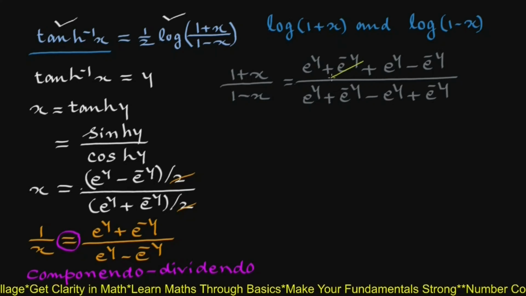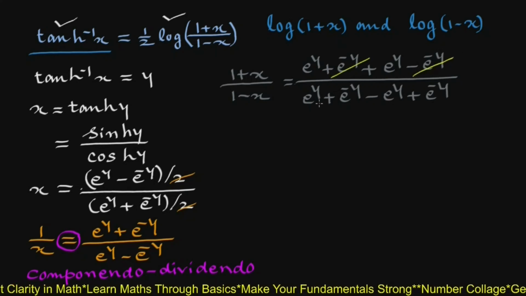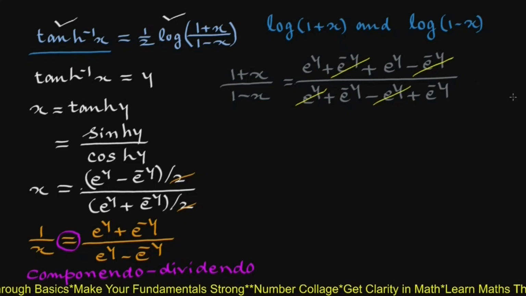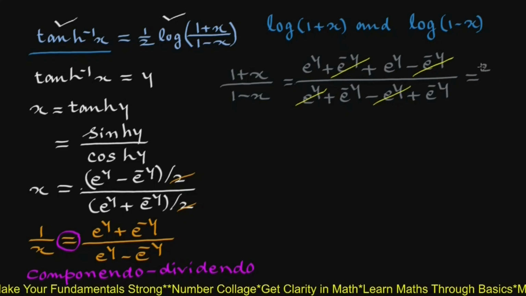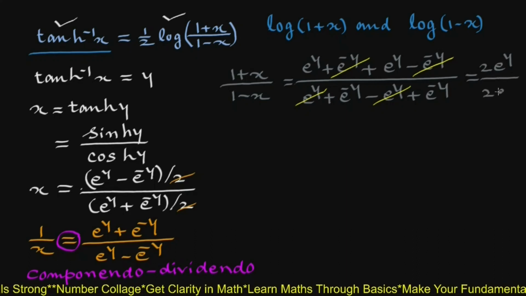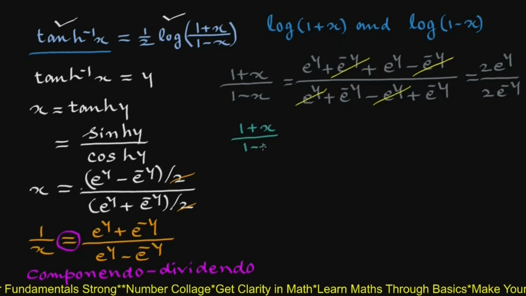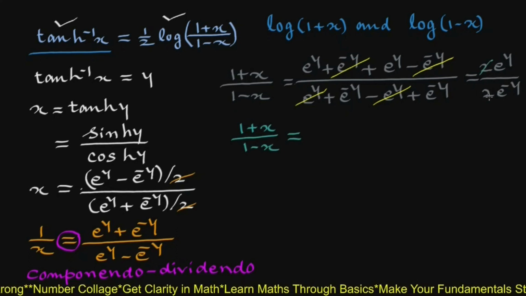e^y minus e^y will be 0. So it will be 2e^y upon 2e^(-y), which is (1 + x)/(1 - x) = e^(2y), cancelling this 2.